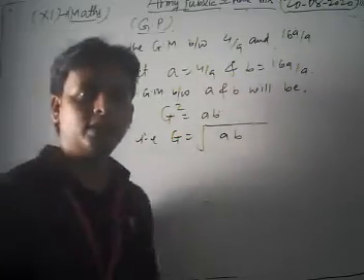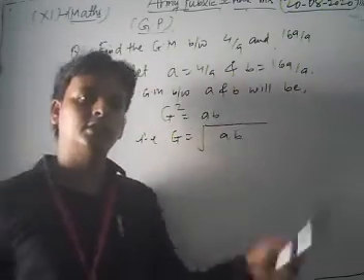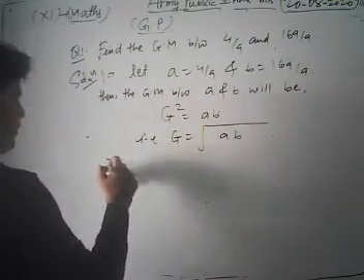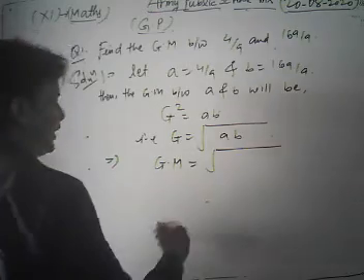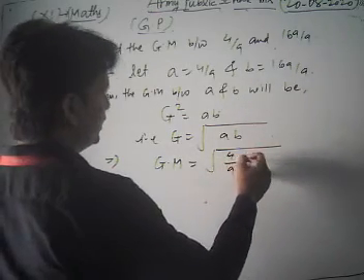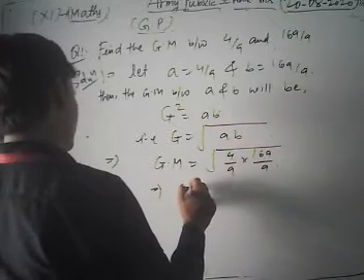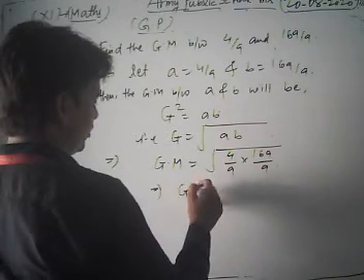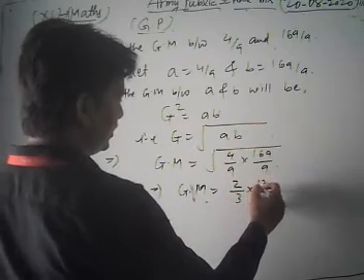Now we put the values of A and B in this formula. So the geometric mean between these two numbers is, the value of A is 4 by 9 into 169 by 9. Now what do we have? 2 by 3 is common and here 13 by 3 is common.